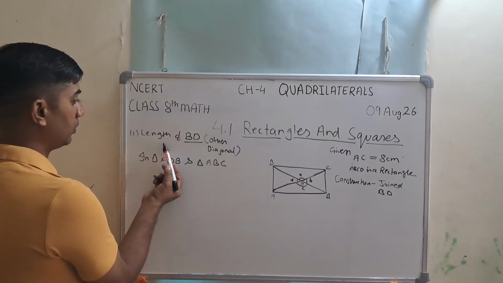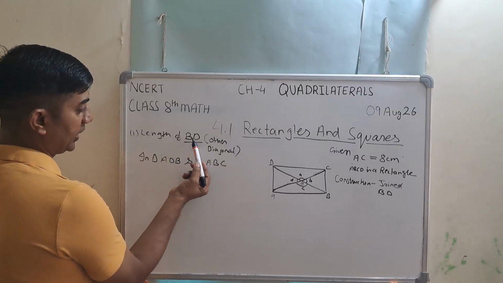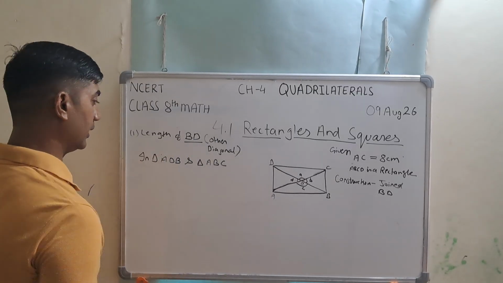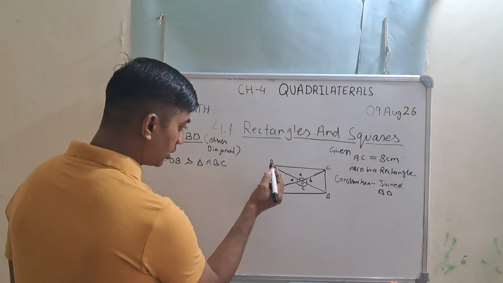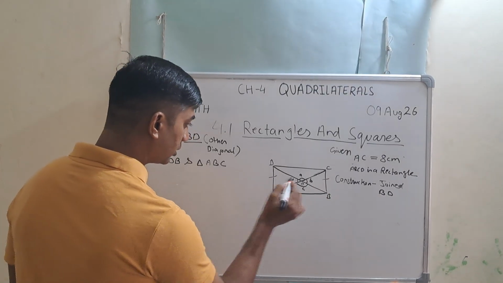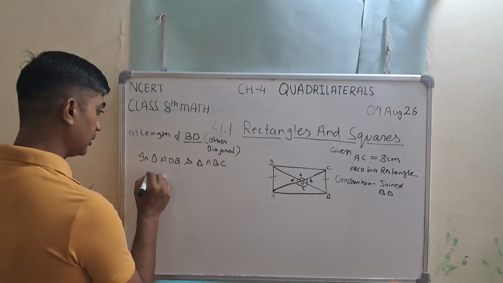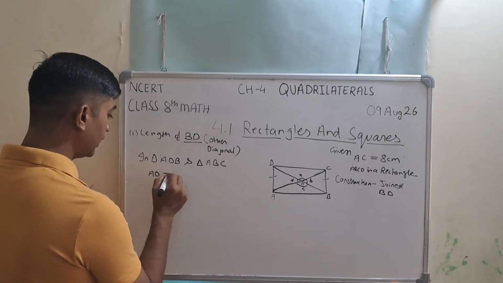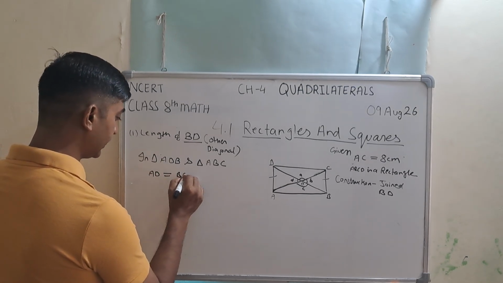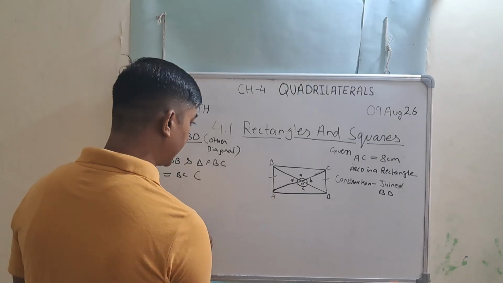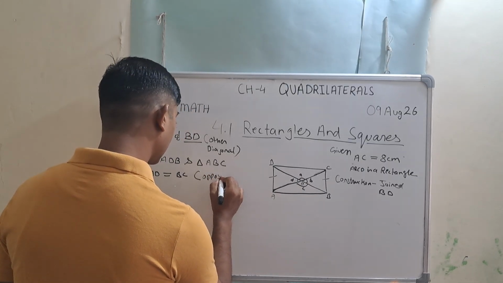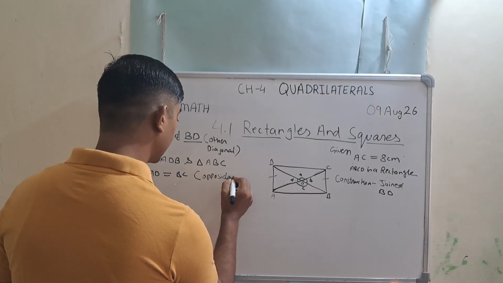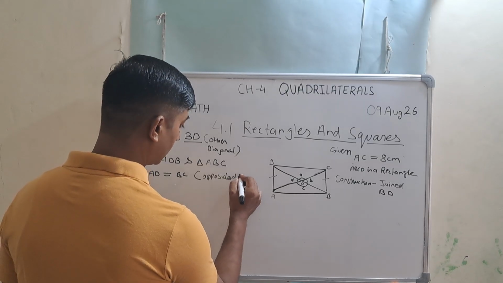And what we have to prove? What we have to find? We have to find the length of BD. Now see, in this triangle, we know AD is equal to BC, opposite sides of a rectangle. Understood?